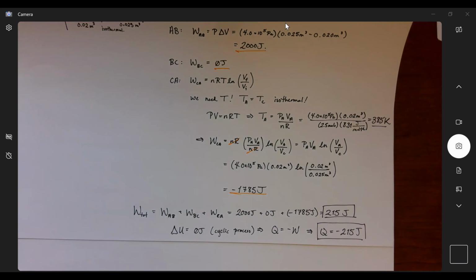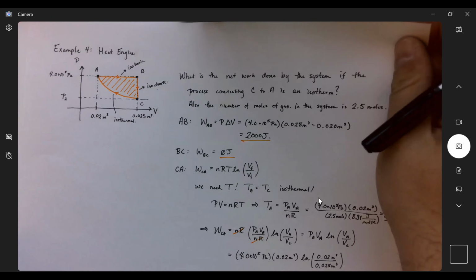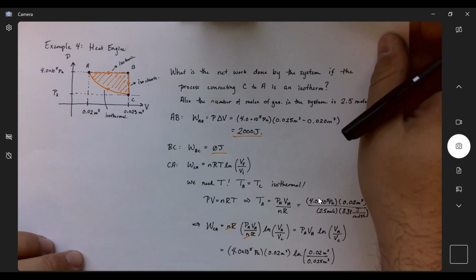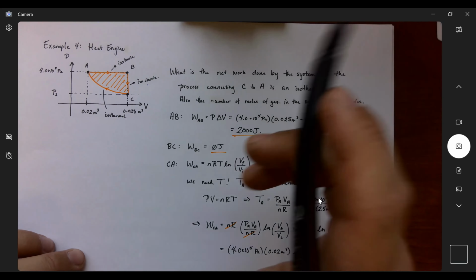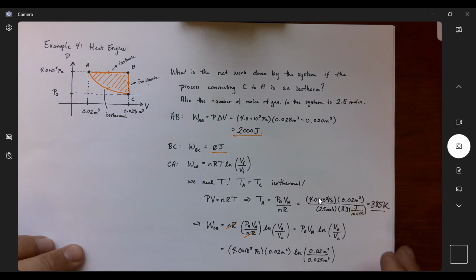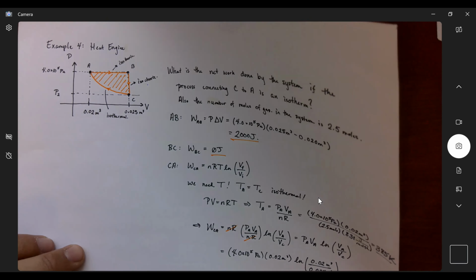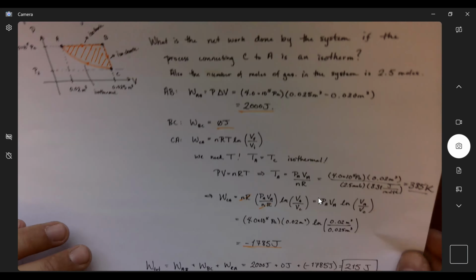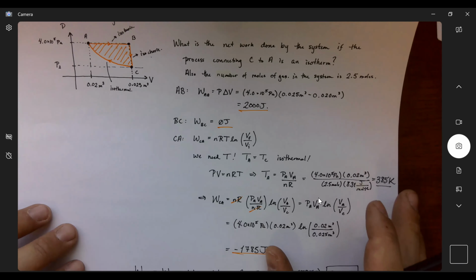I can't remember. Let me see here if that can be done. Yes, it can actually. I think one can do it. At least one can potentially get it.